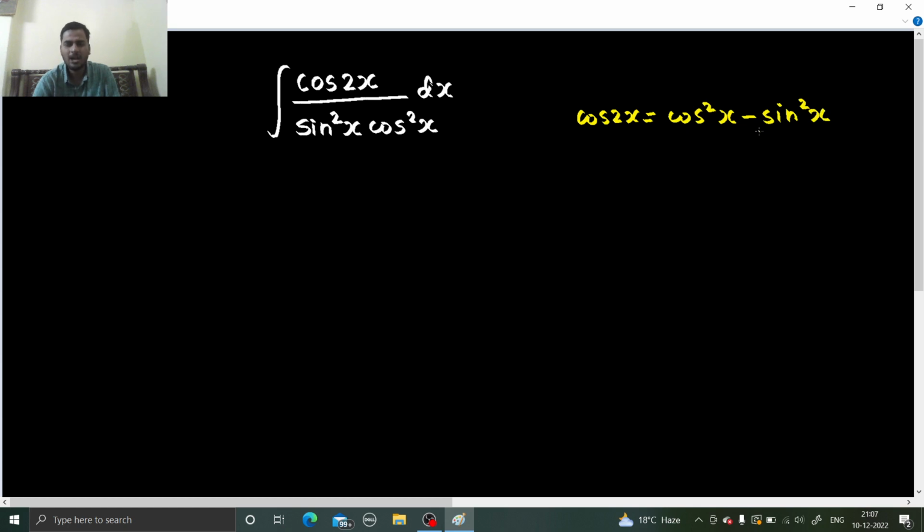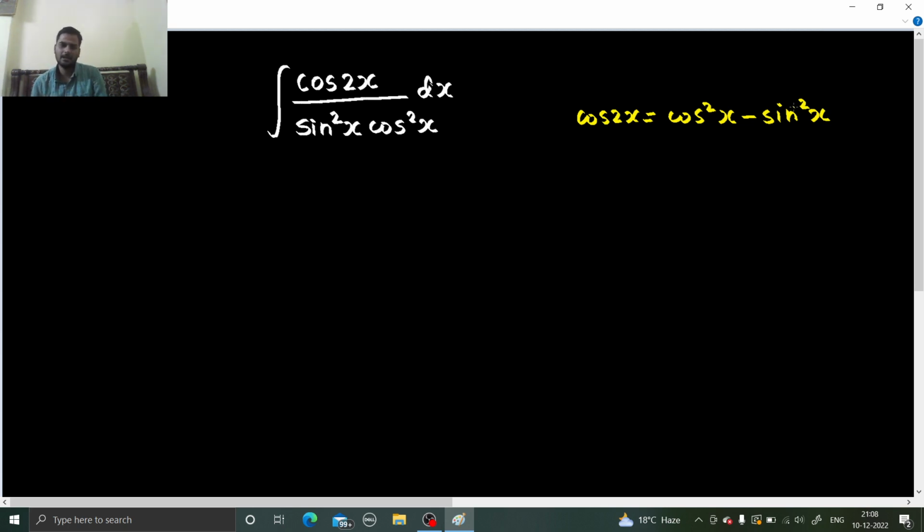In this formula only, if you want to write it purely in terms of cos, replace sin square x by the identity sin square x plus cos square x equals 1. And if you want it purely in terms of sine, then replace cos in terms of sine. So that you can do.